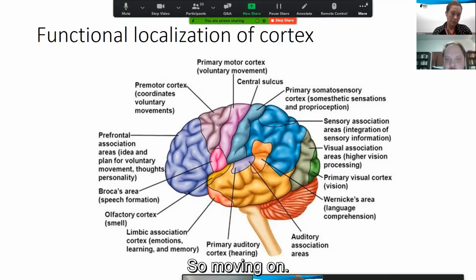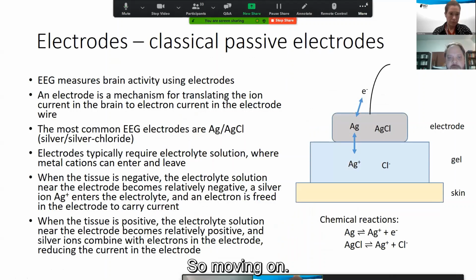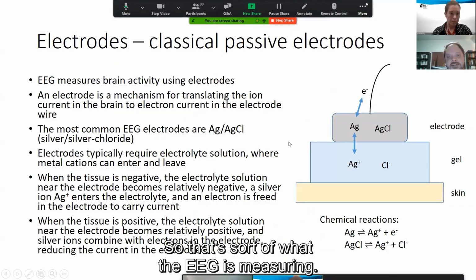So moving on, that's sort of what EEG is measuring.